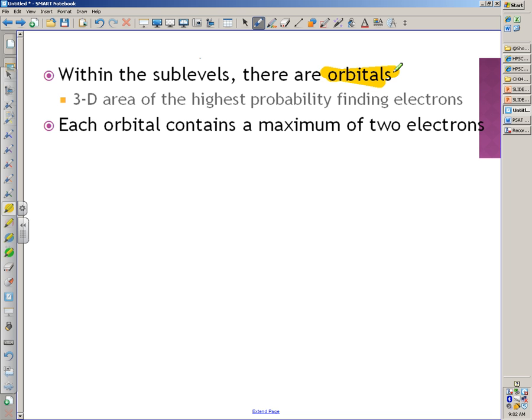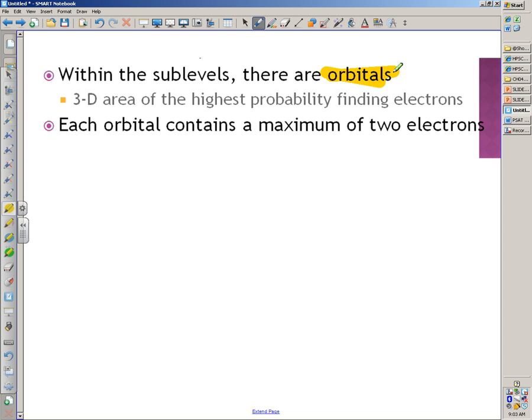That's a little different than what Bohr introduced, right? What did Bohr say about electrons in his original model? He said that they have to stay on a certain ring. So we refer to those as orbits, right? But these are orbitals. It's not the exact area, but a general area of high probability.